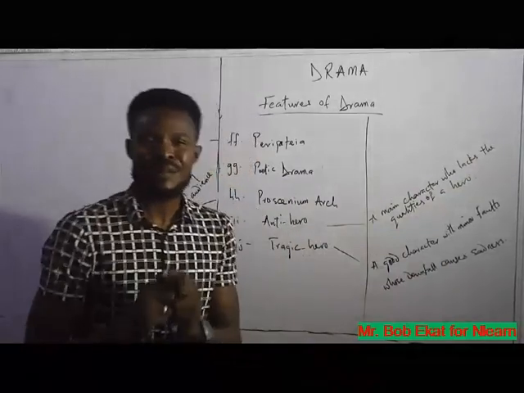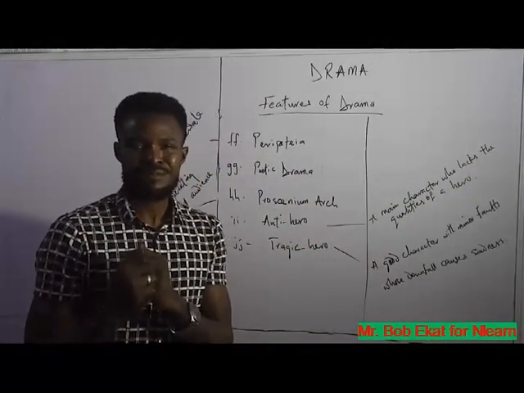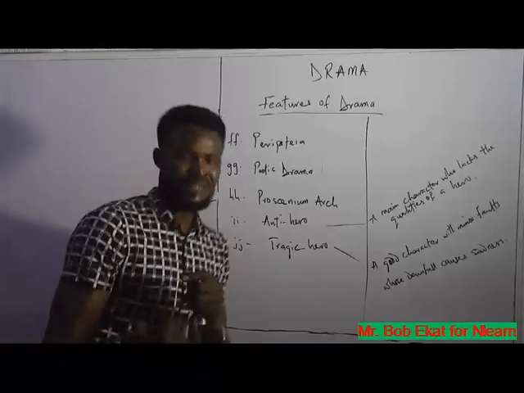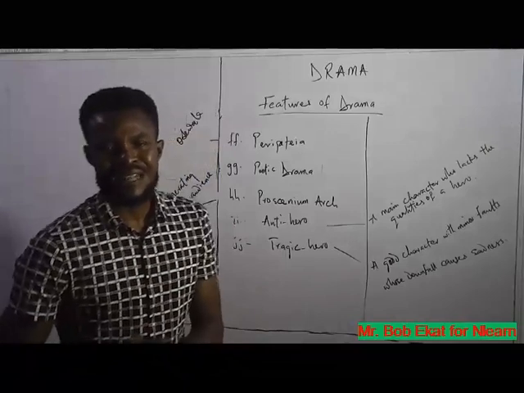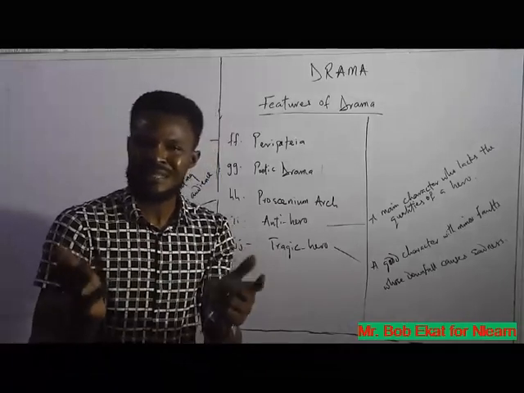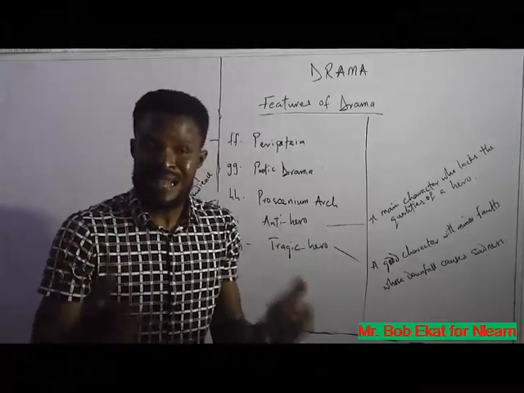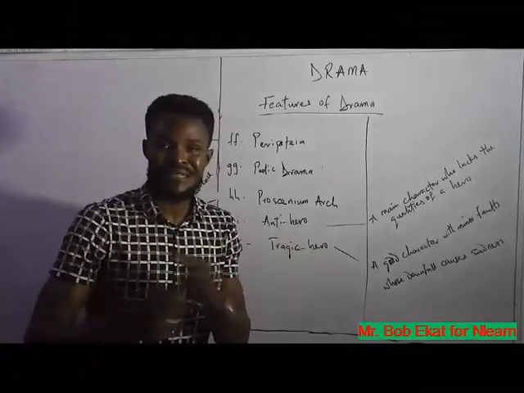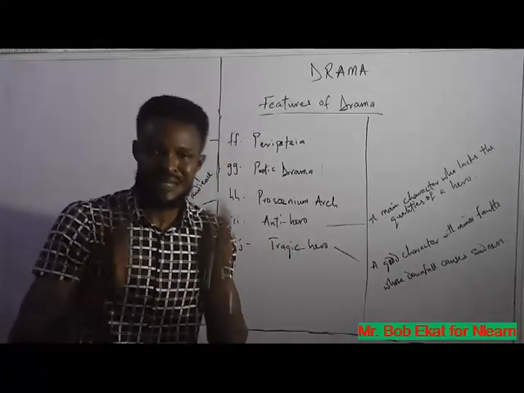Even though the character has minor faults, that character is good. That character is perhaps better than us, and so doesn't deserve to fall the way he or she has fallen.